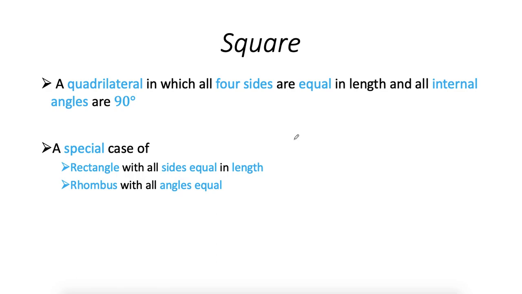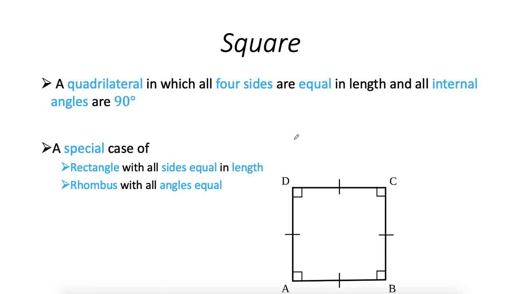And square is a special type of parallelogram having both of the properties of the rectangle and of the rhombus, with few extra properties. So if you see a question regarding parallelogram, you should incorporate rectangle, rhombus, and square. If you see a question regarding rectangle, you need to consider the rectangle as well as the square. And if a question is about the rhombus, you need to consider the rhombus as well as the square.